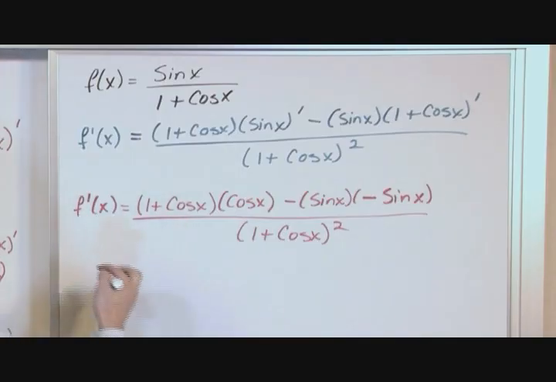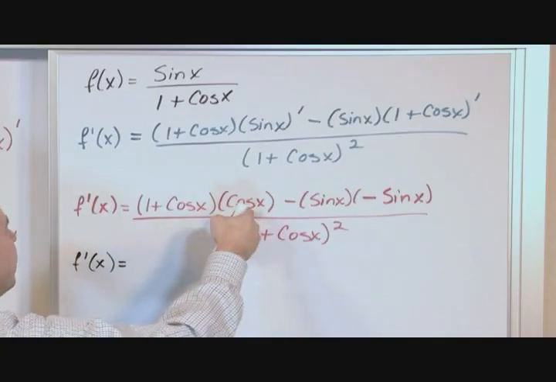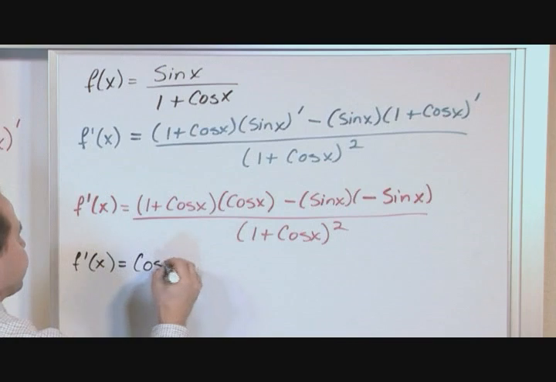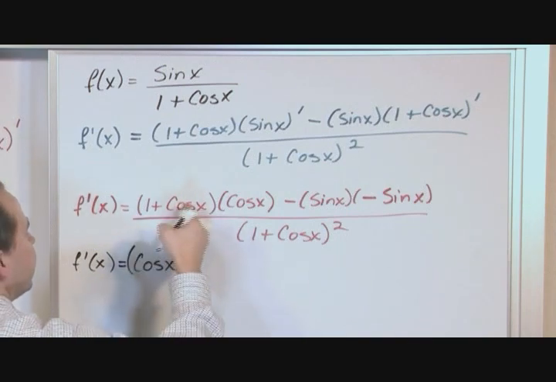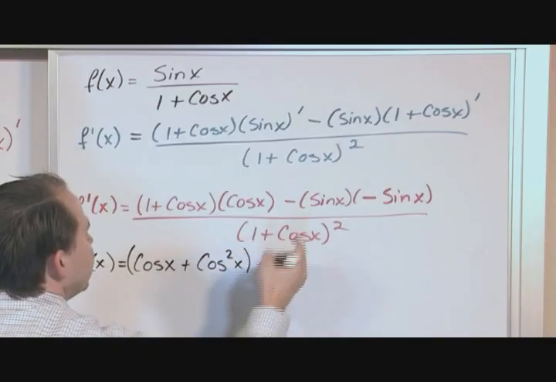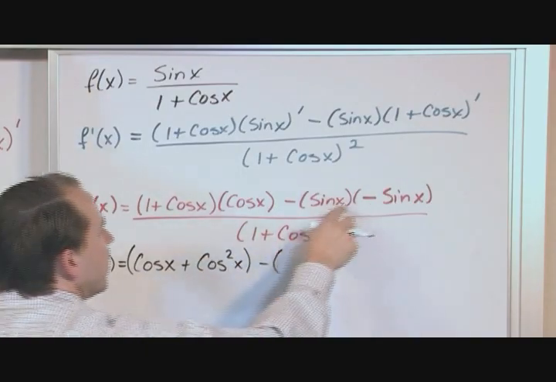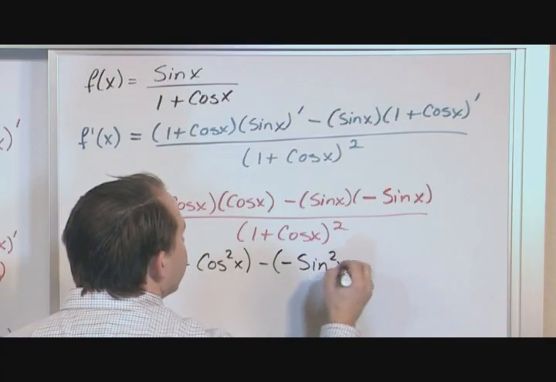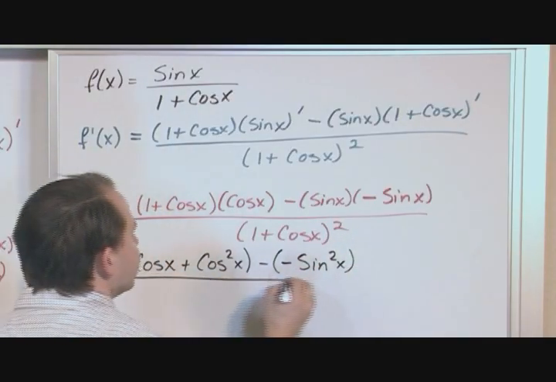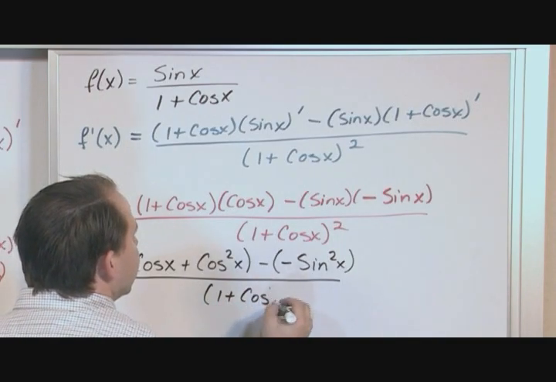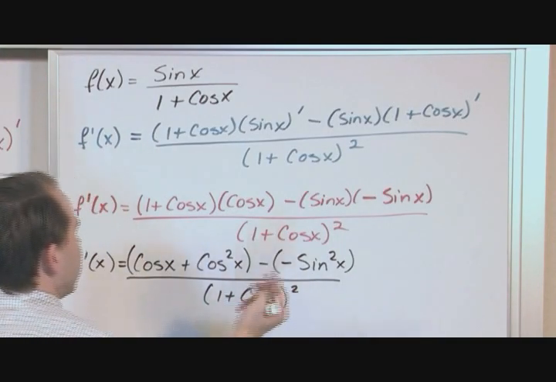All right, so now we have some pretty straightforward work to do. Let's distribute the cosine in. So this times this is going to give me cosine of x. This times this is going to give me cosine squared of x. Let's keep the negative on the outside for now, and let's work on this guy. We'll have negative sine squared x. And in the bottom, we'll just have 1 plus cosine x squared.